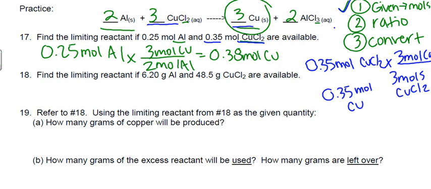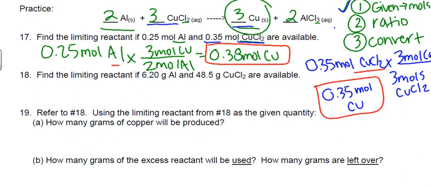I need to compare how many moles of copper were produced by aluminum and how many moles of copper were produced by copper chloride. Well, which one's smaller? The 0.35 moles of copper is smaller. Because there is less product produced, this means that copper chloride is the limiting reactant.